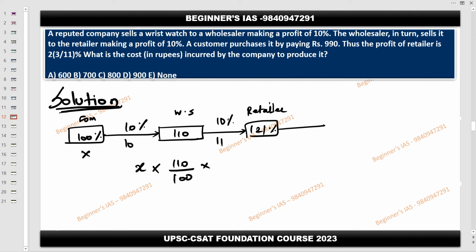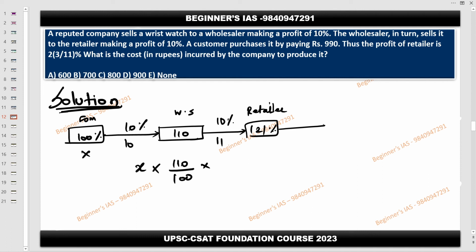Therefore here, 121 by 100. No. Here you have to be very careful. Then 25 by 11.